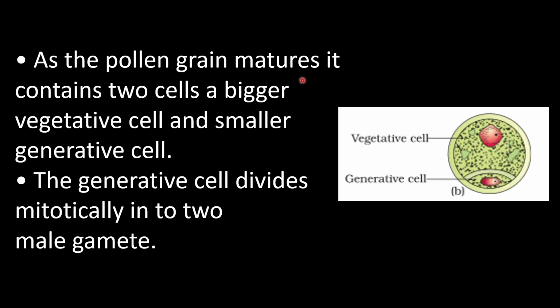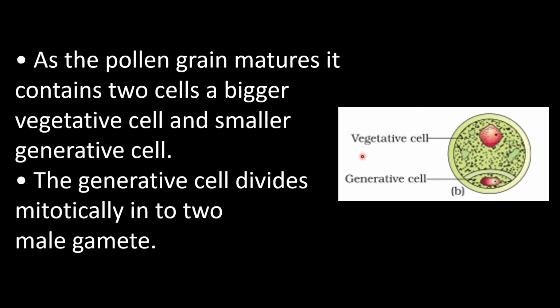As the pollen grain matures, it contains two cells. The bigger is the vegetative cell and smaller is the generative cell. The generative cell divides mitotically into two male gametes. So here you will find the pollen grain, which has two protecting walls, outer exine and inner intine. And exine is hard because of the sporopollenin.